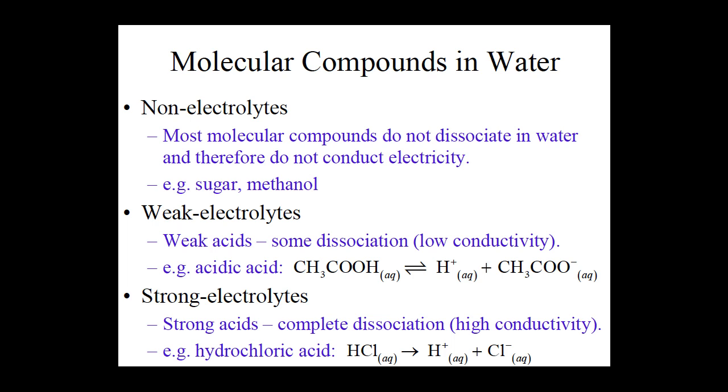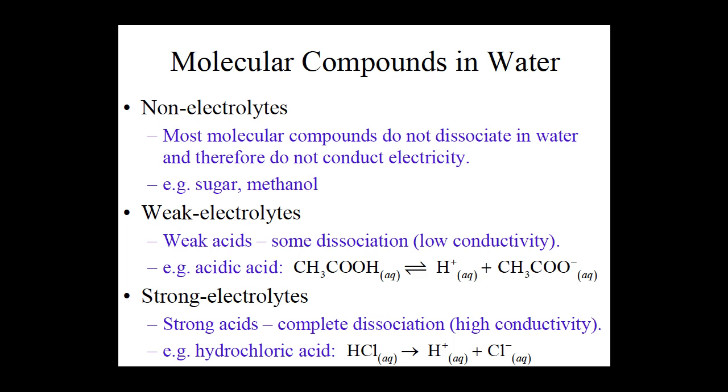Because a weak acid like acetic acid experiences only a little dissociation, only a little bit of electrical current can be conducted. Now, we assume that strong acids completely dissociate in water. However, there's always a small percentage that does not. Because strong acids experience complete dissociation into charged species, they are generally extremely good conductors of electricity.